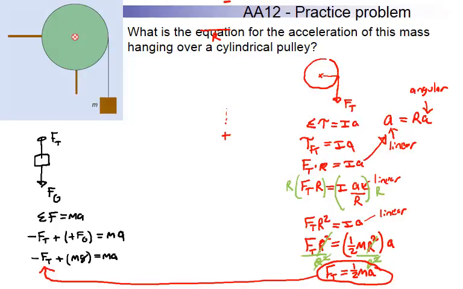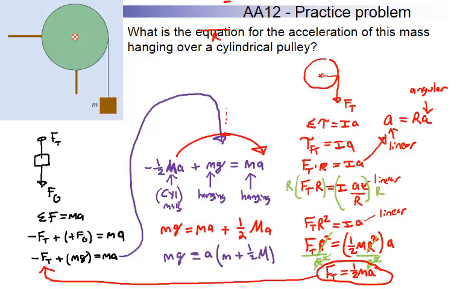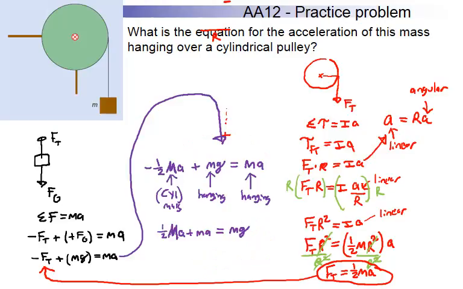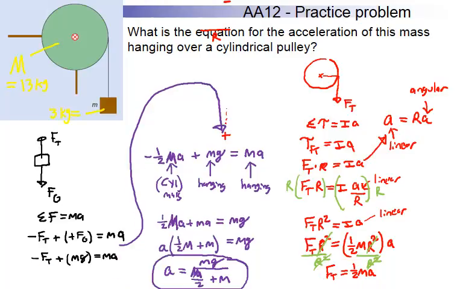And when we place that in there, we have negative 1/2 Ma, capital M. That's the cylinder mass. This is the hanging mass. And we can isolate for acceleration here by factoring out. And we should get the acceleration of the system as mg over capital M over 2 plus m.